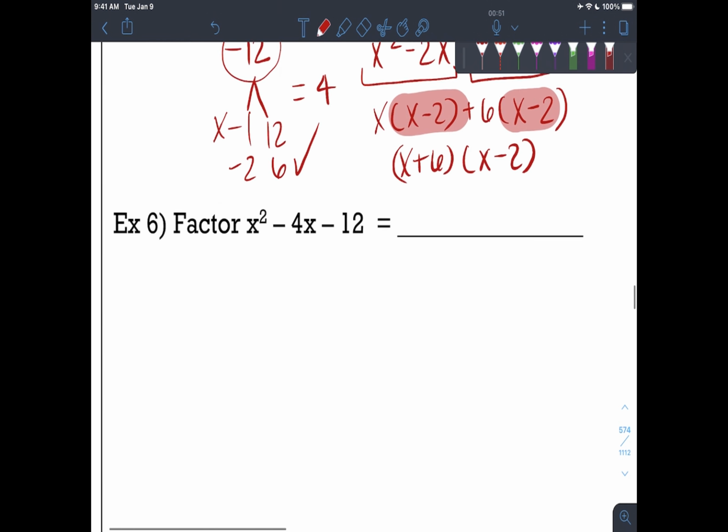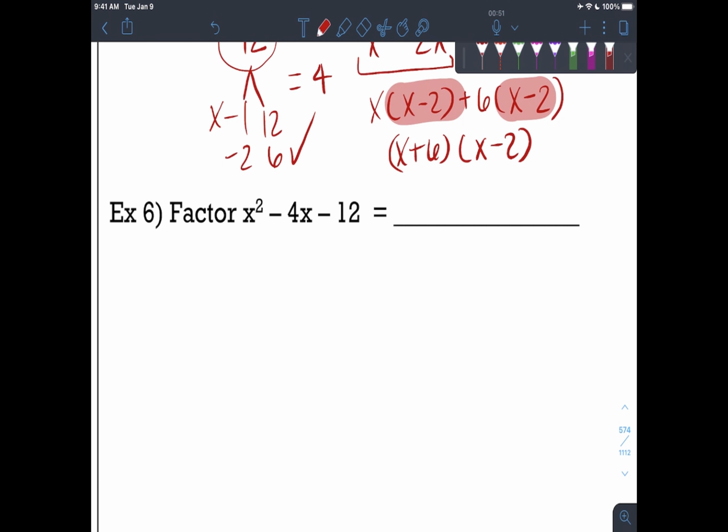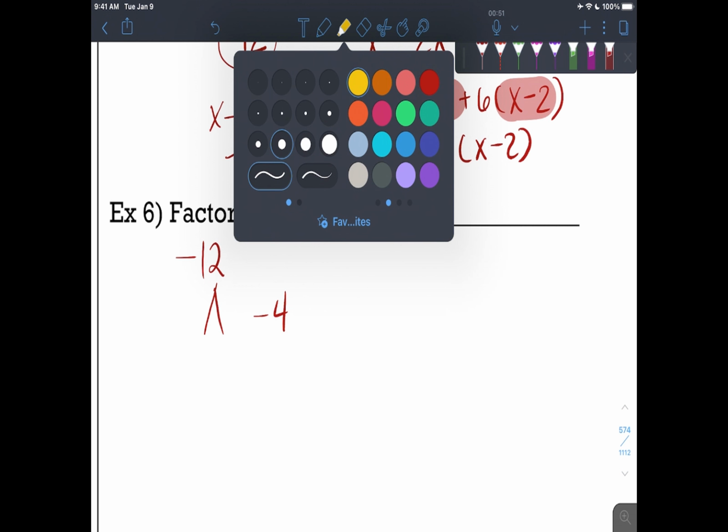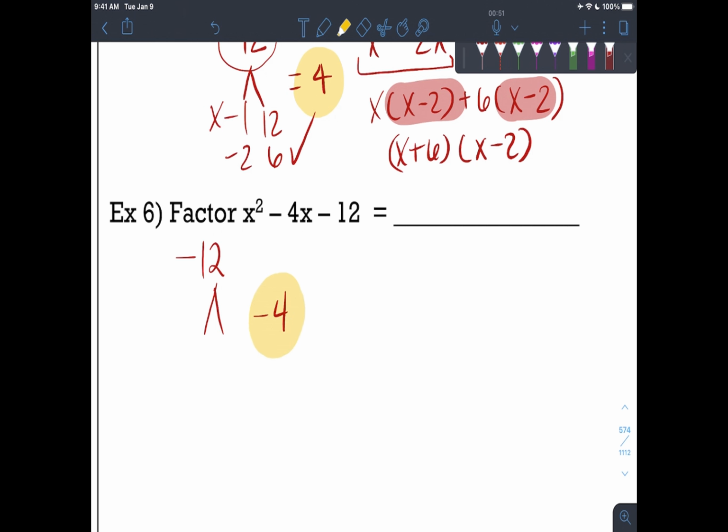All right, let's do the same thing here. So, no greatest common factor, -12, add up to -4. So that's interesting because if you notice, 4, -4. So it's going to be the opposite, right? These are opposites. So I'll just flip those numbers around. And look at that. There are my answers. So interesting how that pattern exists.